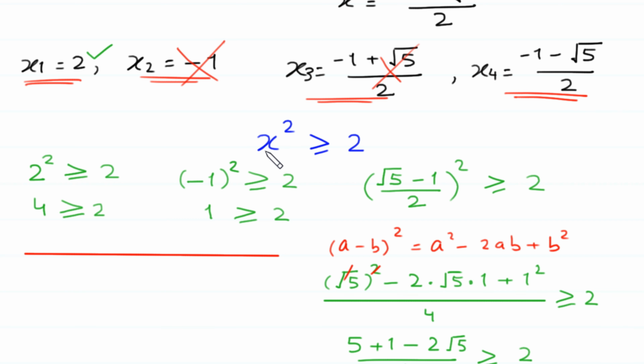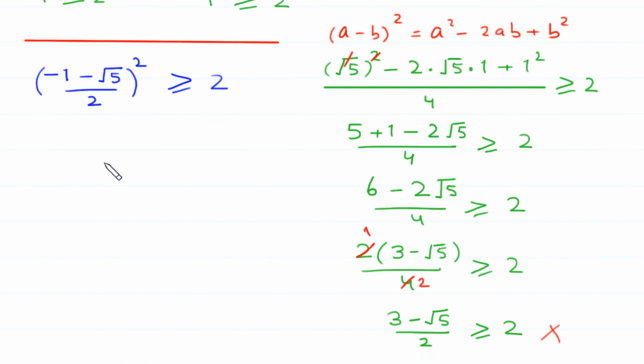Now in place of this x we put the value of x4, -1 minus square root of 5 over 2. The value of x4 is minus 1 minus square root of 5 over 2, and we take the square of this because here we have x square is greater than or equal to 2. Next, according to this algebraic identity, a minus b whole square is equal to a square minus 2ab plus b square.